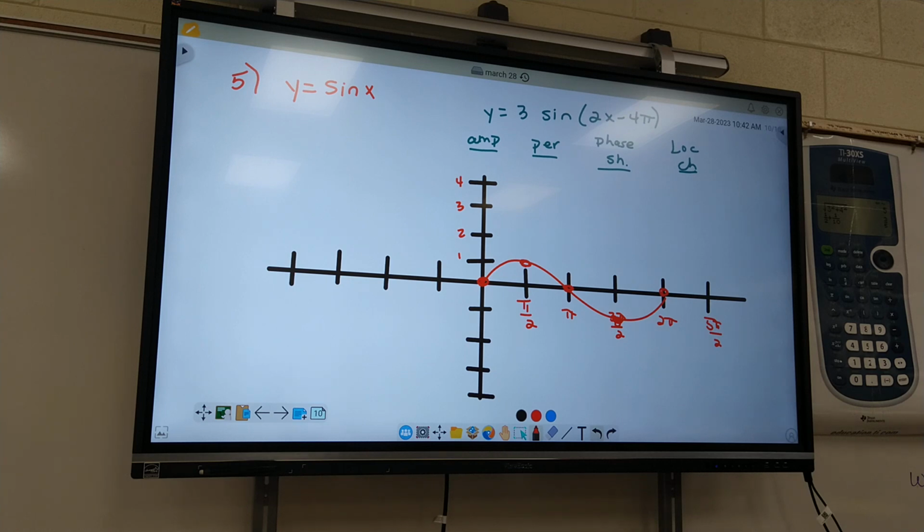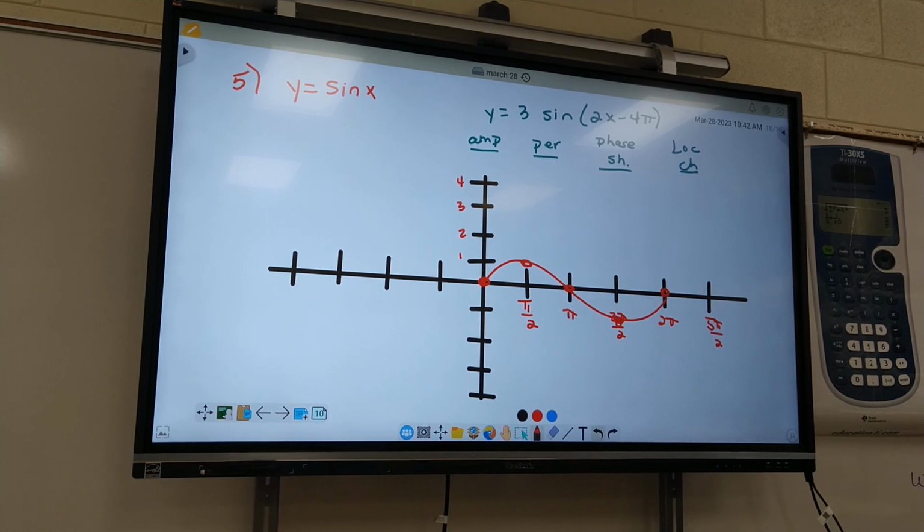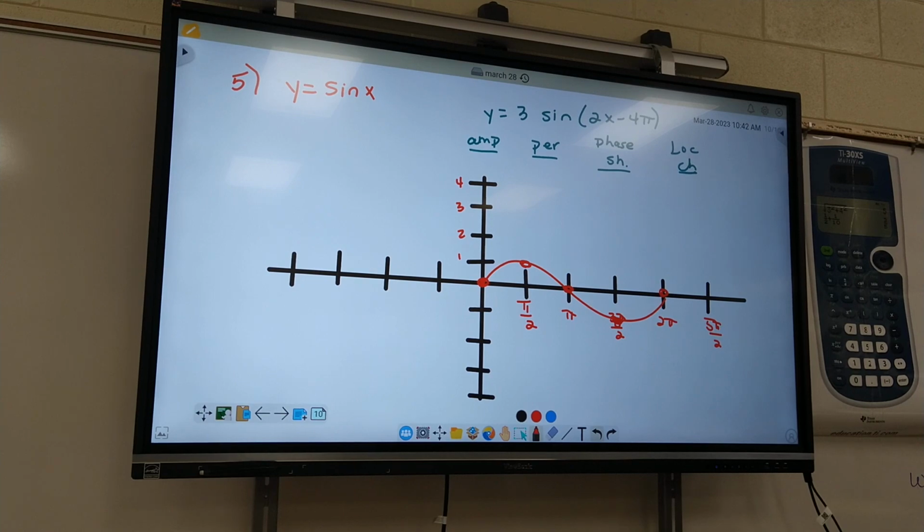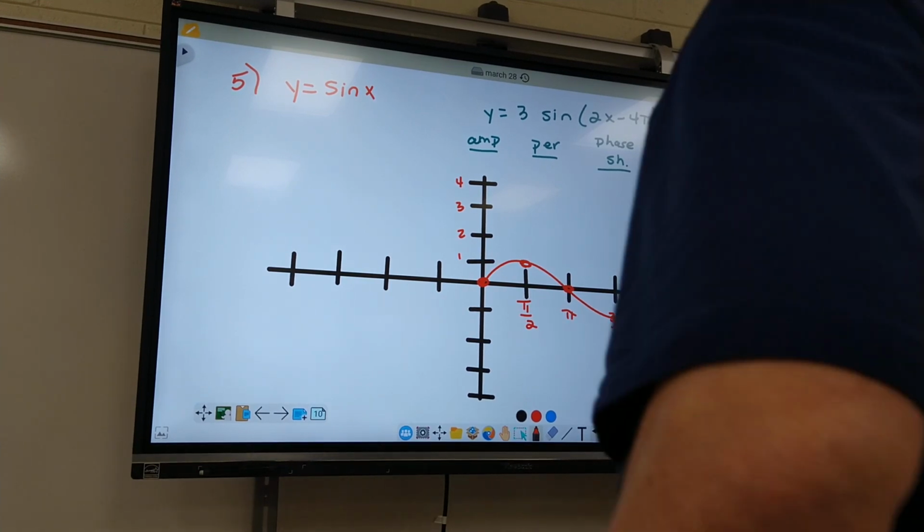Go ahead and find the amplitude, the period, the phase shift, and the location change.